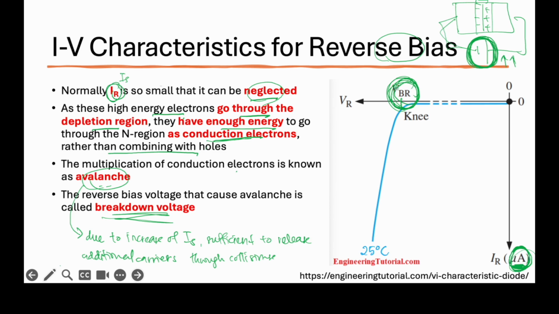When you increase the temperature, what will change is this line. Before, this line will go down, and this line will go to the left. It will be like this.